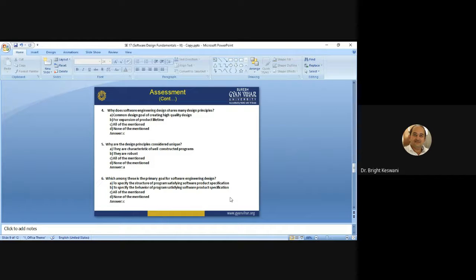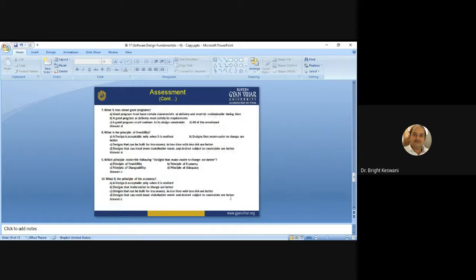C is all of the mentioned and D is none of the mentioned. The answer is C, all of the mentioned, means to specify the structure and the behavior of programs satisfying software product specification are the primary goals for software engineering design.